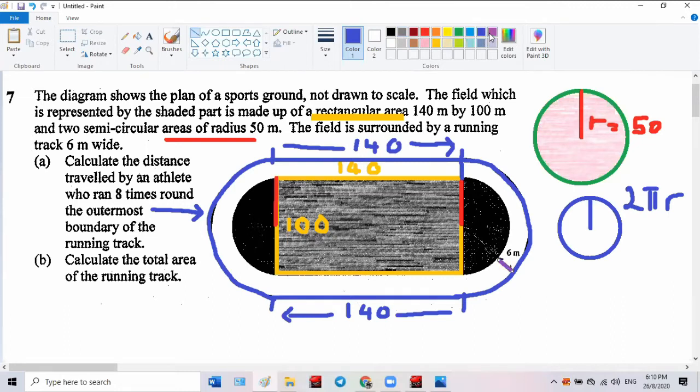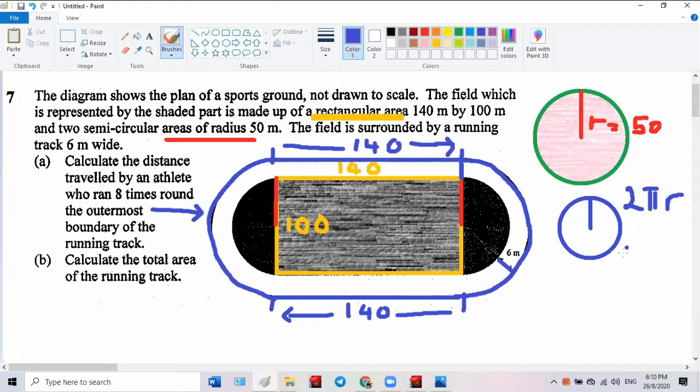Yixuan, understand or not? So here he adds 6 because this guy is the 6. So 50 plus 6. Okay, so the radius is 56. So what do you do?